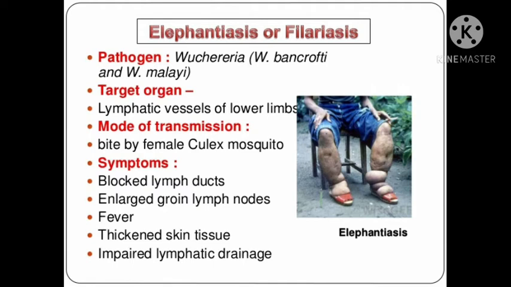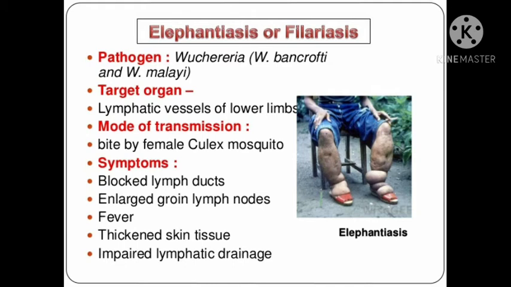The name elephantiasis comes from the origin elephant foot. So the feet, the lower limbs, get swollen, resulting in the name. Once again, this pathogen is transmitted with the help of a vector, the female Culex mosquito, which targets the lymphatic vessels of the lower limbs, which is the target organ.